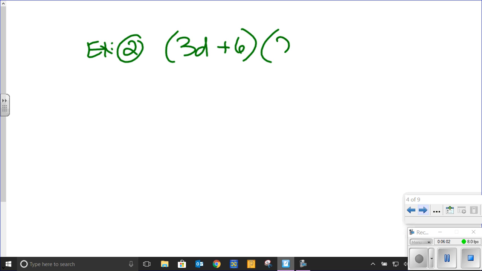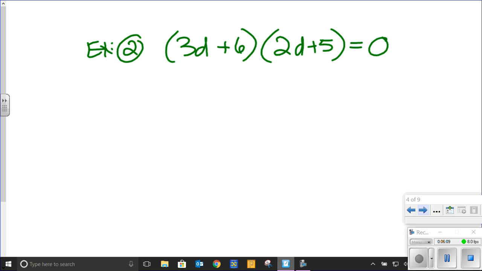All right, let's do another one. Example number 2. So this time we're going to have 3d plus 6 and 2d plus 5. Again, we're going to set them equal to 0.